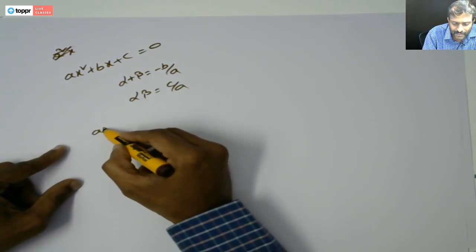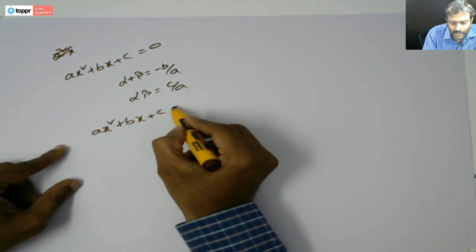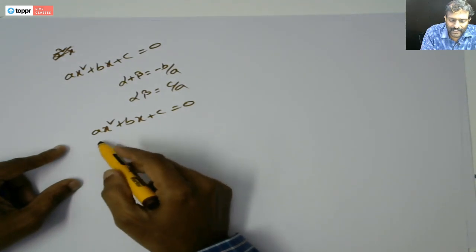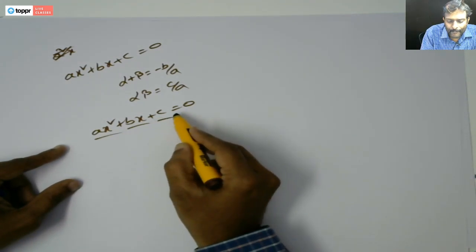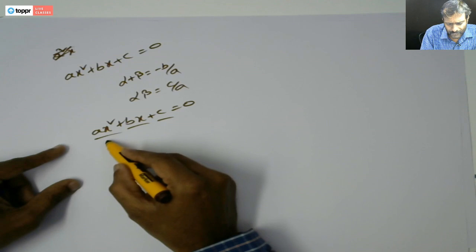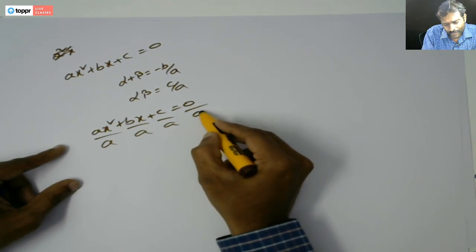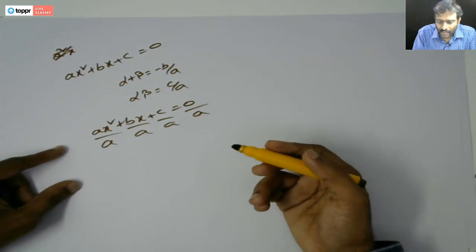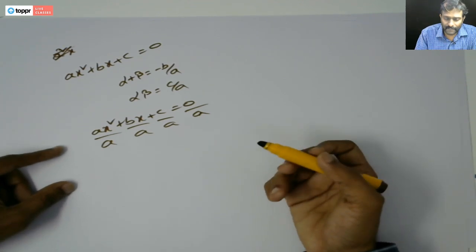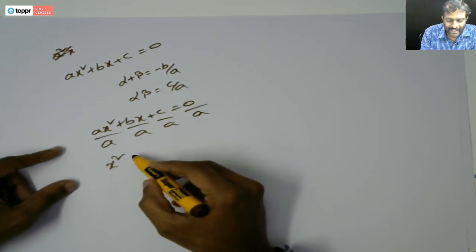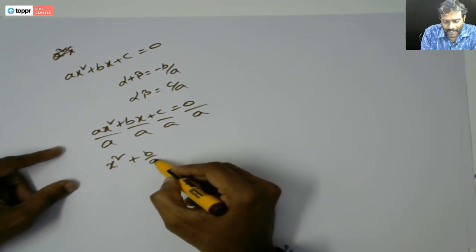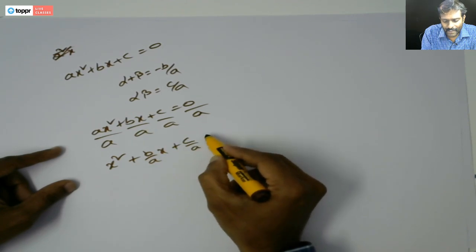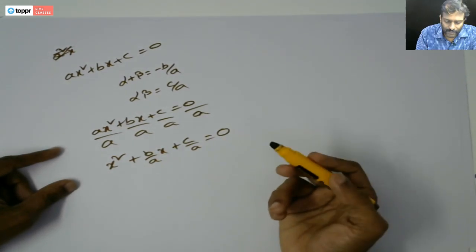So I take ax square plus bx plus c is equal to 0, and I divide this entire thing by a. You can divide by minus a or a, nothing is going to make a big difference. So this is going to be x square plus b by a x plus c by a equals 0.